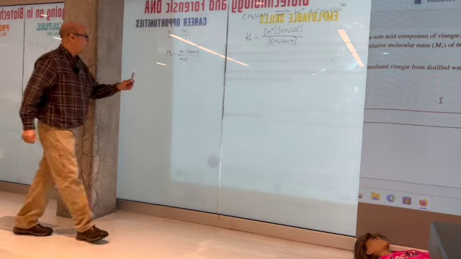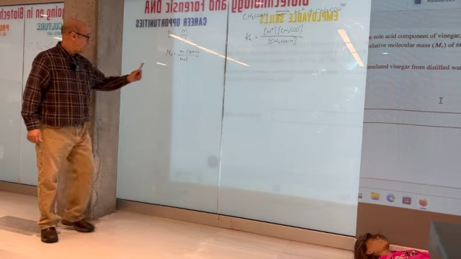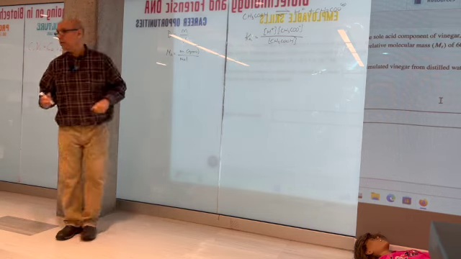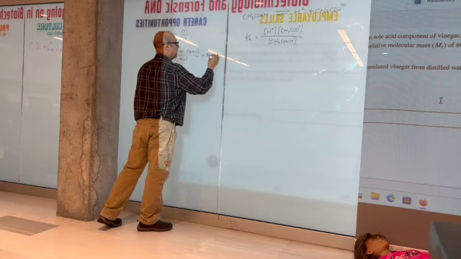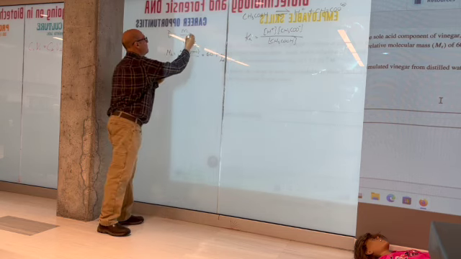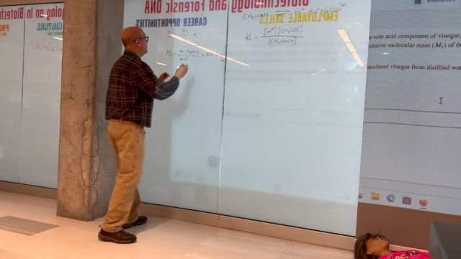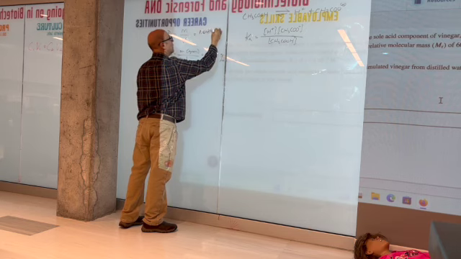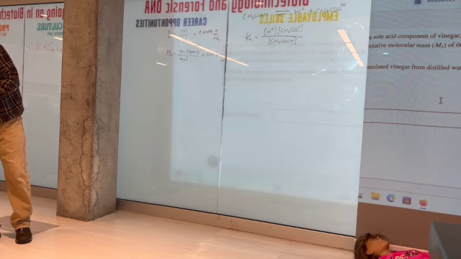That it has a certain Ka, that it has a molar mass of 60, what was it? 60.1. Let's put the density here, 1.049. We're given a volume, a final volume of vinegar.